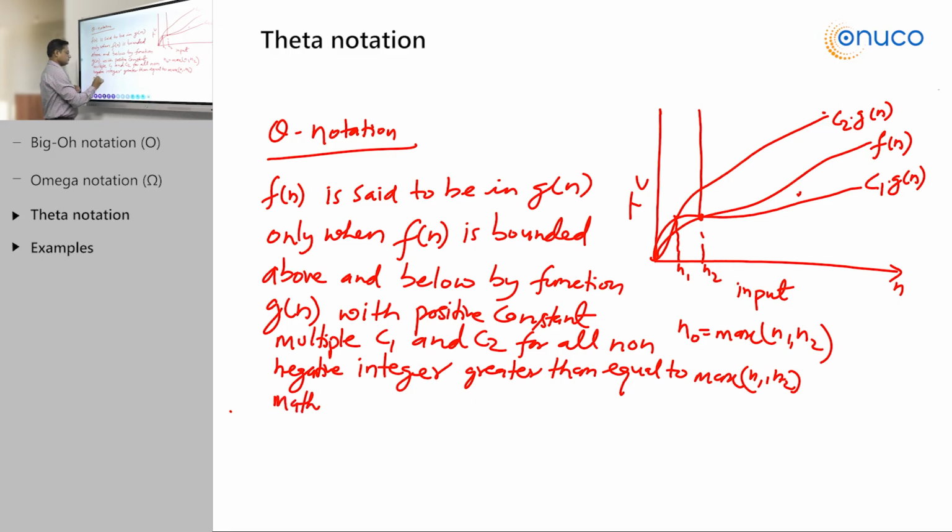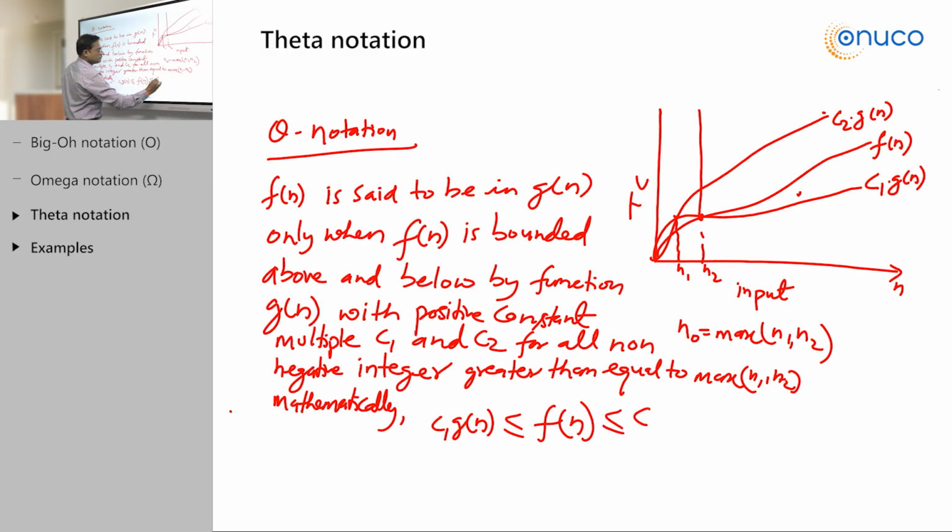Mathematically we can define it like this. See here, the bottom function is c1 g of n less than or equal to f of n less than or equal to c2 g of n, right?